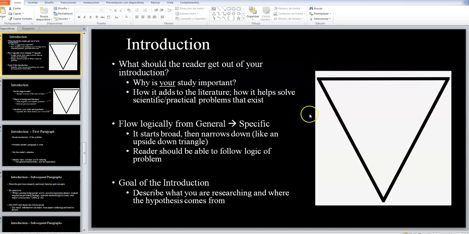You want to start off with something very broad. Maybe throw in a statistic saying that in the United States, since there was research about juror decision making, you're having a correction of this percentage in the number of cases in comparison to 20 years ago. Something like that. Something broad that introduces a topic.